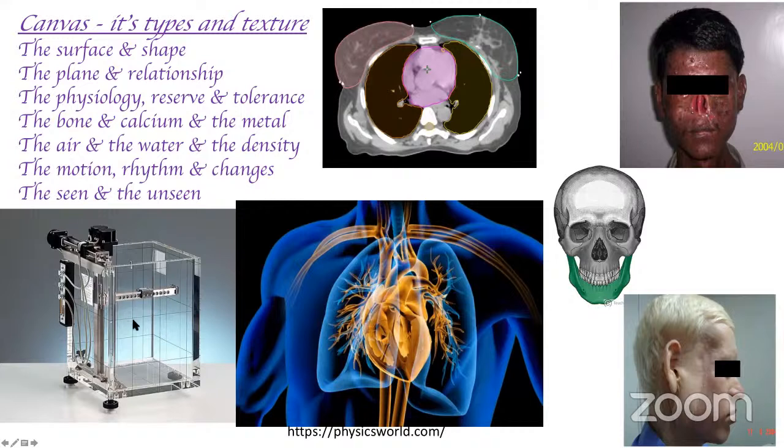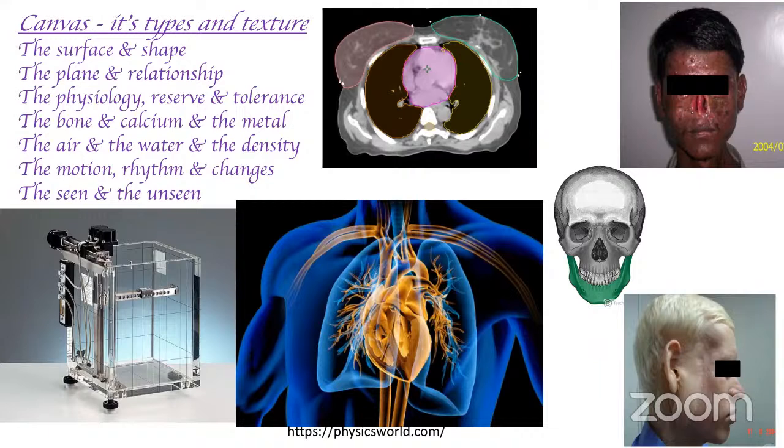These are fancy phantoms, they're very expensive. But the human body is very different. So after you have understood your basic aspects, then all these aspects you have to understand and take care of in your planning. Okay, but you can do this only if you have understood the previous parts of simple and basic 2D and 3D planning.